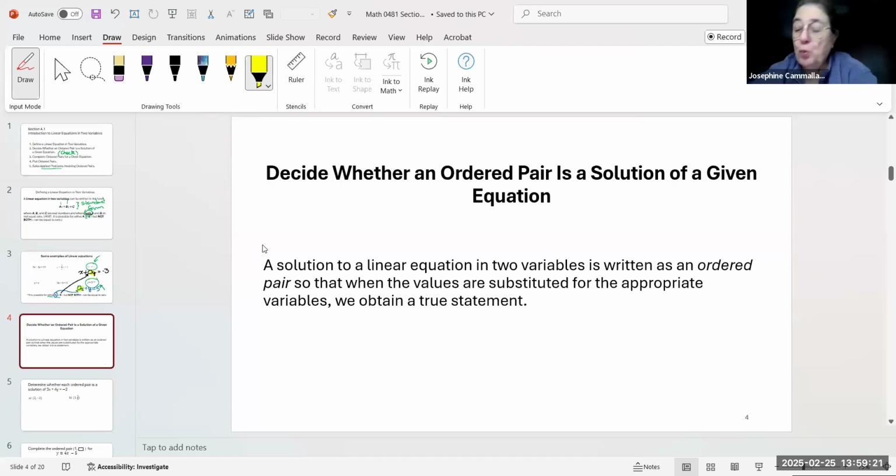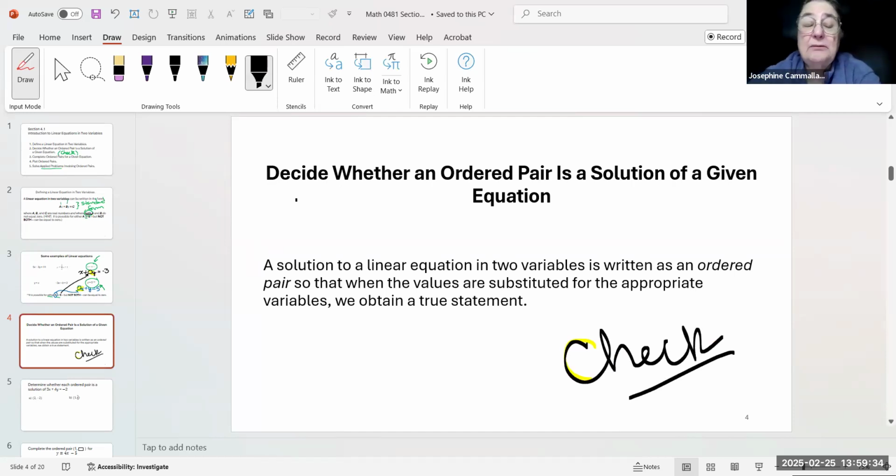Okay, determine whether the ordered pair is a given solution. Now, as I told you, this is said to be the check. Now, some people like it, some people don't. And as we go into chapter 5, you may find that checking is a real good idea, especially when we're dealing with story problems. So a solution in two variables, and this is the other catch, it's written as an ordered pair.